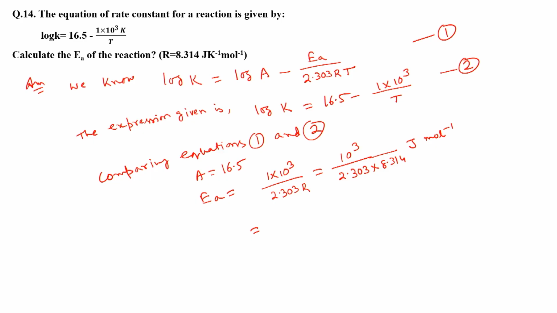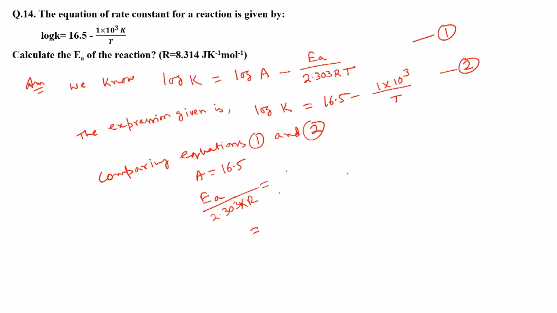So, if we compare this, EA by 2.303 times R gives 1 times 10 to the 3.